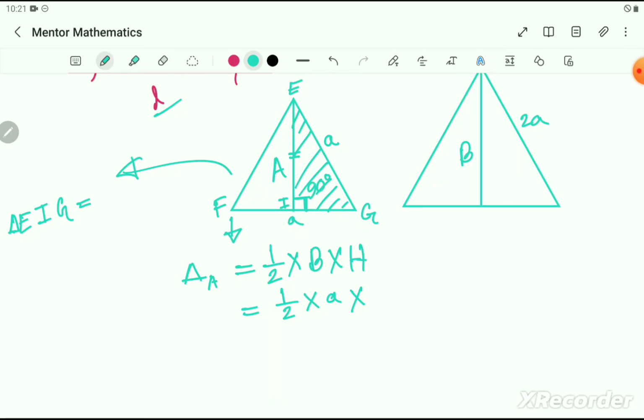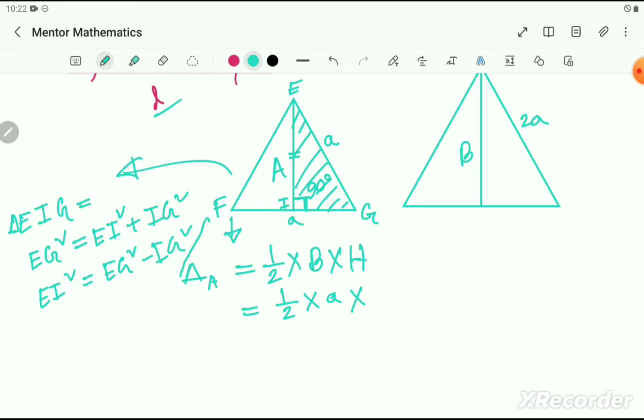So from the Pythagoras theorem we know EG squared equals EI squared plus IG squared. Therefore EI, which we have to find out, EI squared equals EG squared minus IG squared.